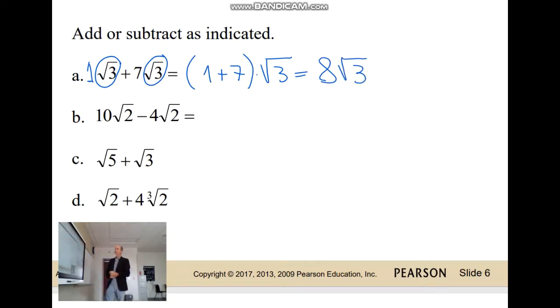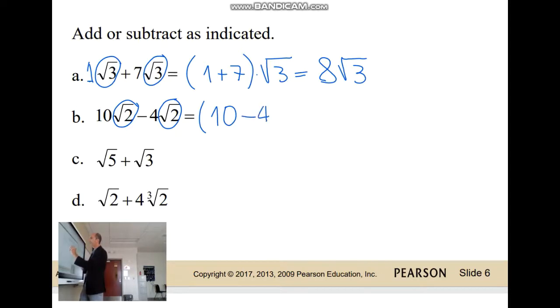That's how we can simplify expressions that have like radicals. We have like radicals here as well, square root of 2, and we can do the operation 10 minus 4 multiplied by square root of 2. This equals 6 square root of 2.